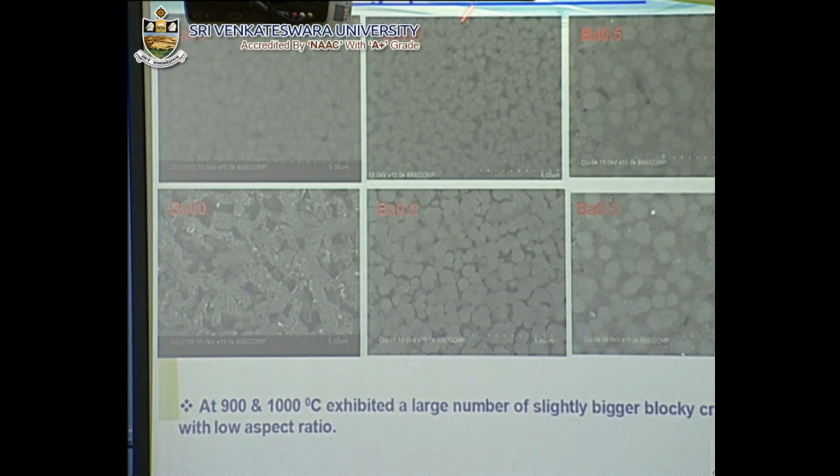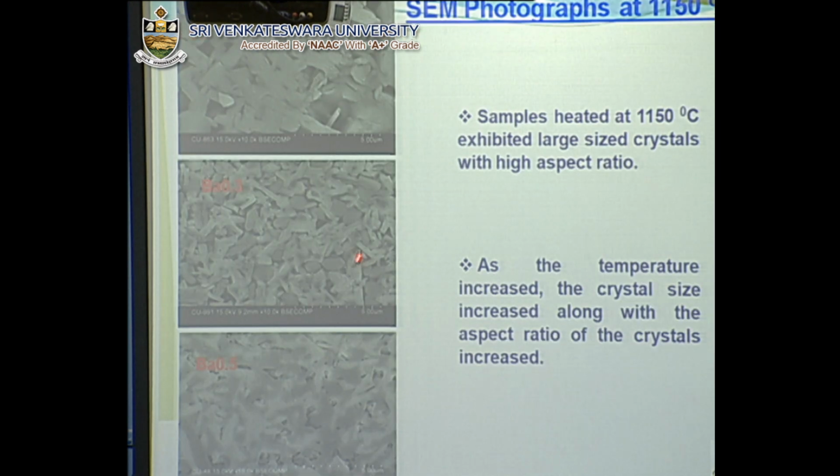But if you increase the temperature to 900 to 1000 degrees centigrade, it exhibits a large number of slightly bigger crystals with low aspect ratio. Further, at 1150 degrees centigrade, it exhibits large crystals with a high aspect ratio, indicating that as we increase the temperature, the crystal size increases and the aspect ratio also increases.